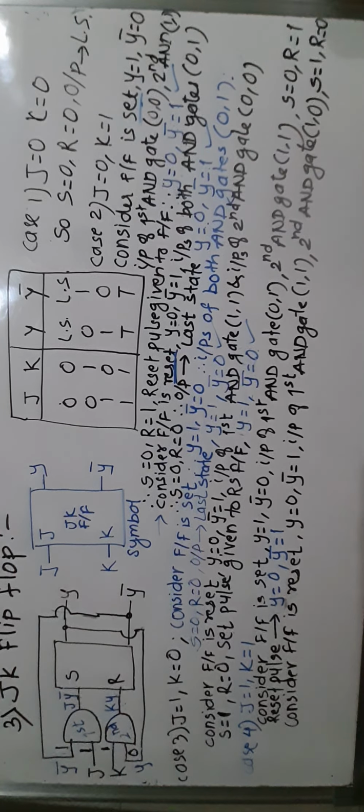As S is 1, it gives set pulse. So we can say output becomes Y equal to 1, Y bar equal to 0. Now again let's consider, because here we are getting different outputs, set pulse is given.